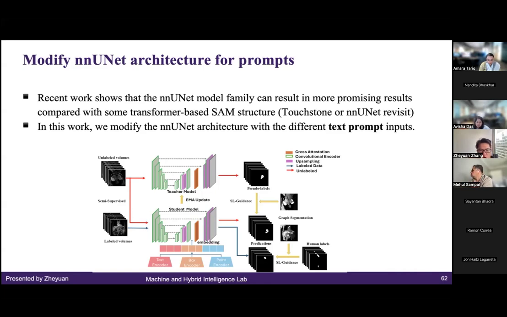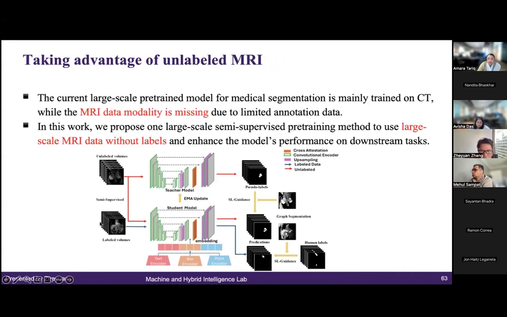So in this work, we modify the nnUNet architecture with different kinds of prompts, like the text, the box or the points. The current large pre-trained models for medical segmentation mainly focus on CT, like MedSAM 2D or MedSAM 3D, where MRI modality is actually missing due to limited annotated data.